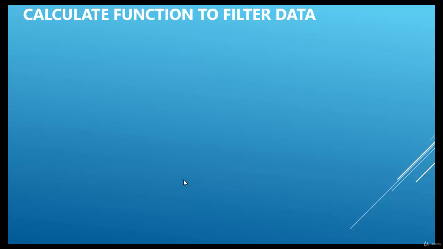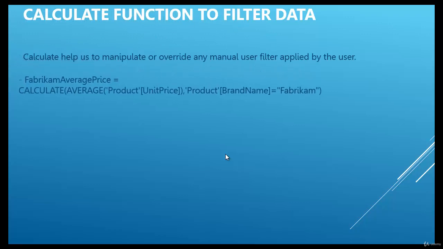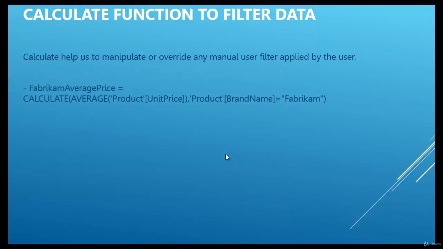Now the CALCULATE function to filter data. Calculate is a very powerful function within measures. It does the overall evaluation, and the evaluation is done after all the calculation is done. So we can use it to apply a filter after the calculation is done.